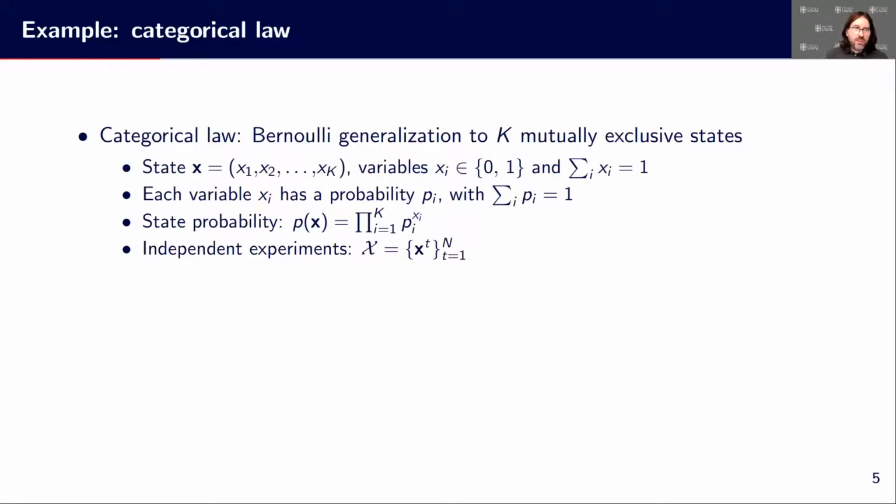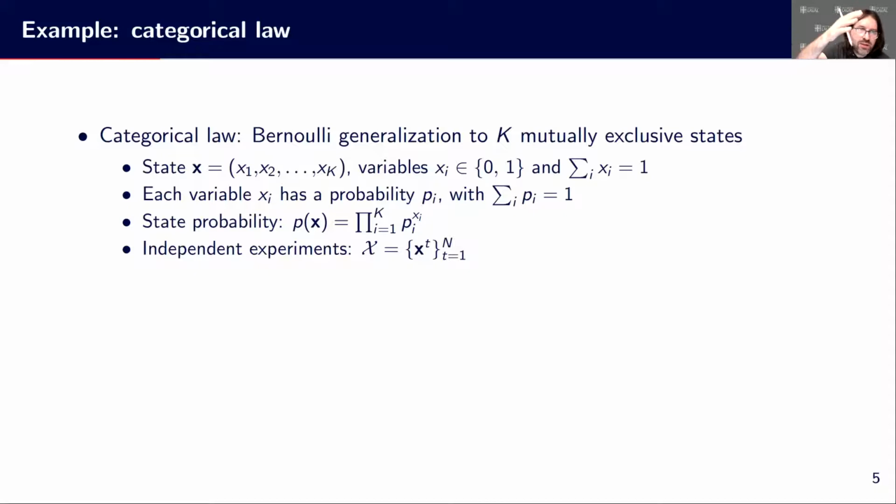And then we are making independent experiments. So we have n of these states, n of these samples, basically. So we have this x_t here, and this x_t goes from x_1, x_2 up to x_n. Each of these x_t is made of k values. This is the one-hot vector. And basically that gives us a category. We say, okay, sample 1 is category 3.